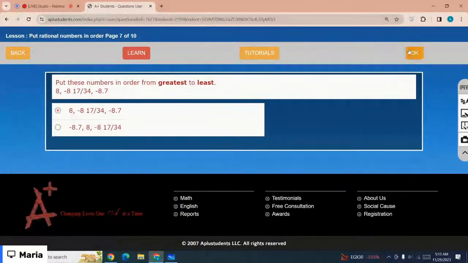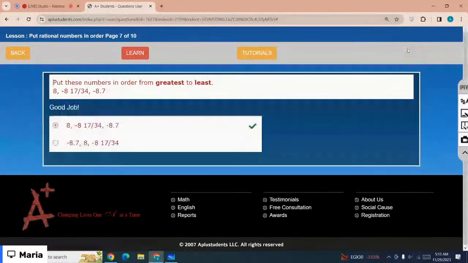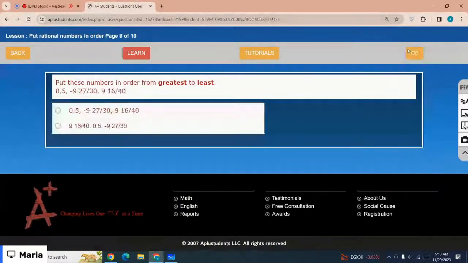Option 1 is the correct option, right? Okay, put these numbers in order from greatest to least. So which is the correct option, option 1 or option 2? You have to arrange from greatest to least, right? So option number 2 is the correct option.